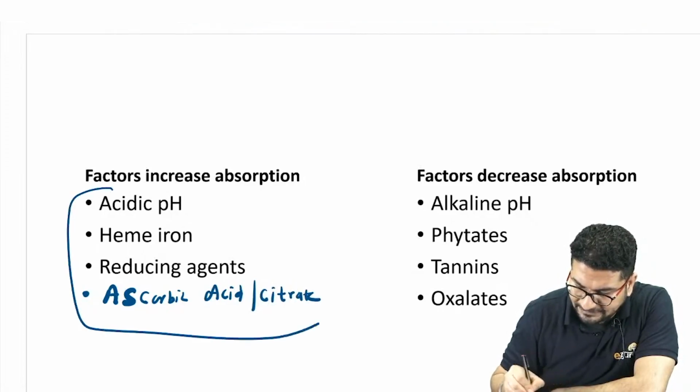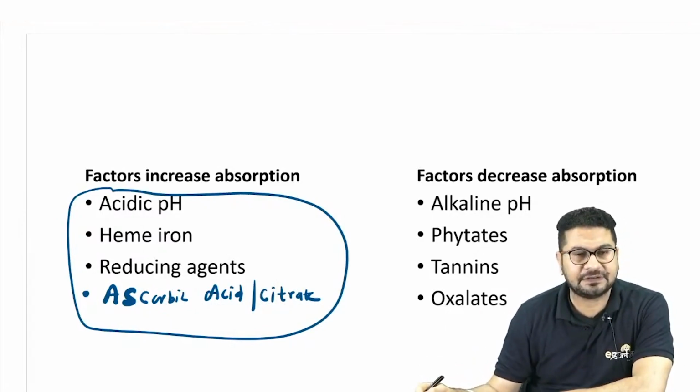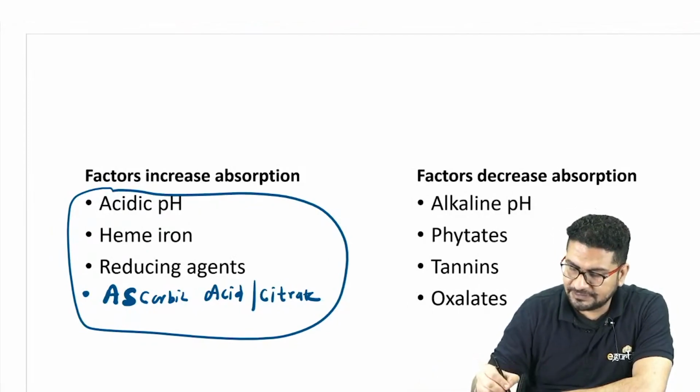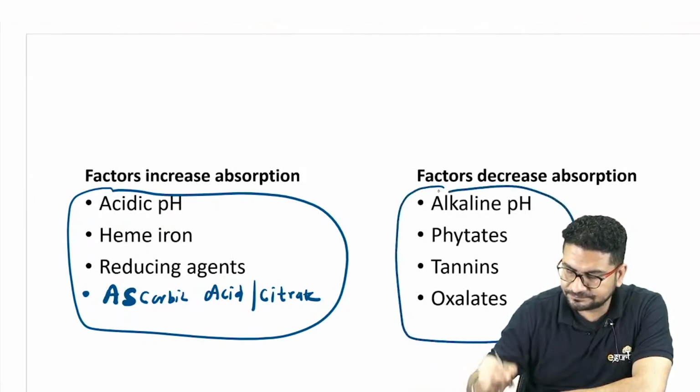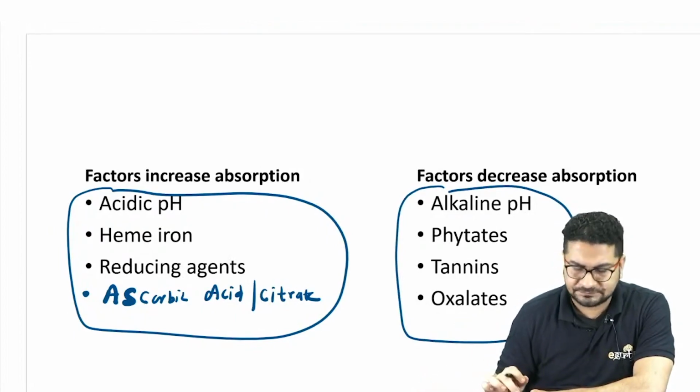So remember, acidic pH, heme iron, reducing agent and citrate will increase iron absorption. Alkaline pH, phytate, tannins, oxalate will decrease iron absorption.